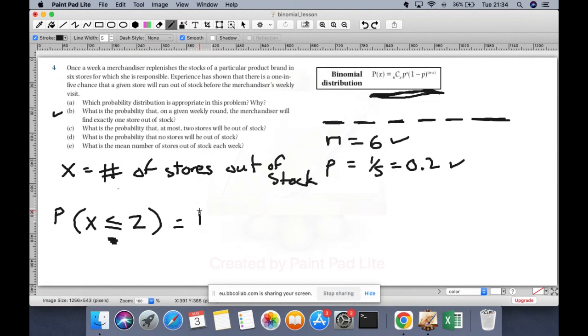So you would need to find the probability of x equals 0, plus the probability of x equals 1. Remember, x can always equal 0 because you can have no stores being out of stock. X equals 1, and then x equals 2.